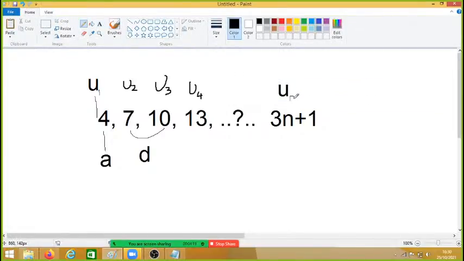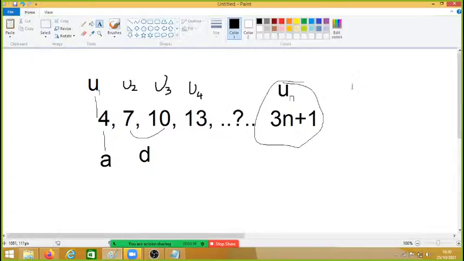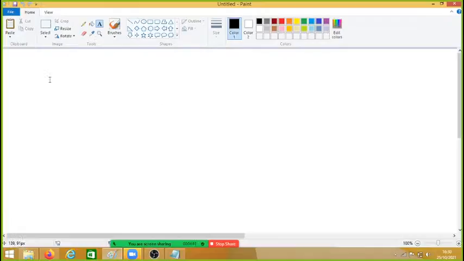So the first term is u1, then u2, u3, u4, and then the general term, the nth term, is called un. We're just calling it un for short to save writing all of that. Okay, so those are the basic letters that we're going to use: the A, the D, the little numbers, and then the un.